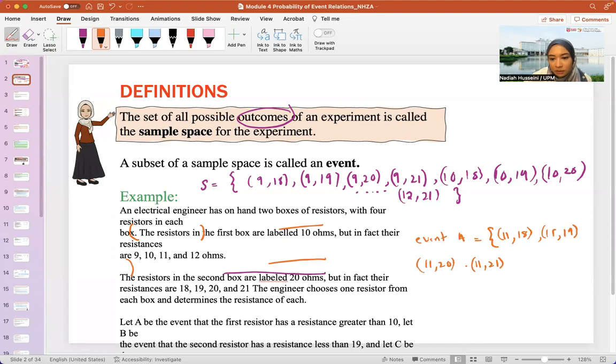Okay, so this is not yet done. 12, 18, 12, 19, 12, 20, and also 12, 21.